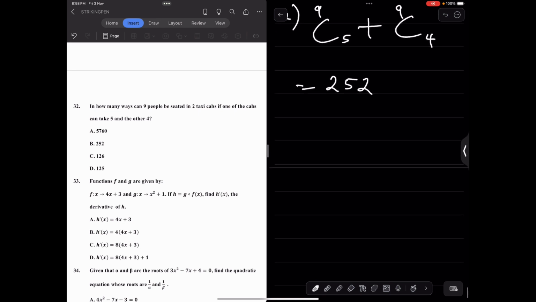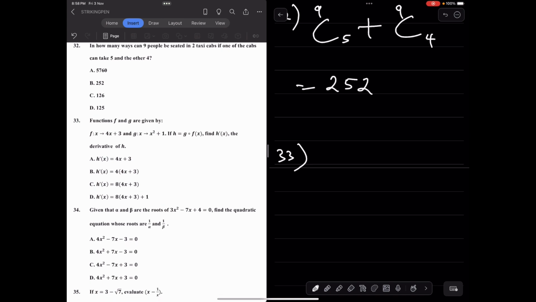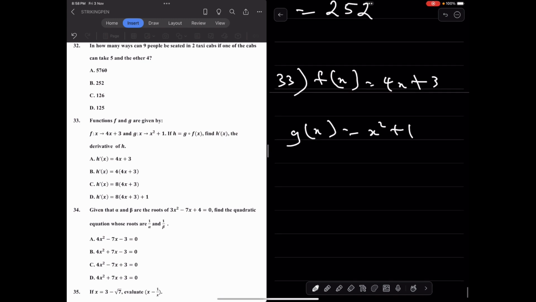Straight we go to the next, which is number 33. And what does that say? We have functions f, g, and h. F of x is 4x plus 3, and g of x is x squared plus 1. Okay, that's f of x, and this is g of x.